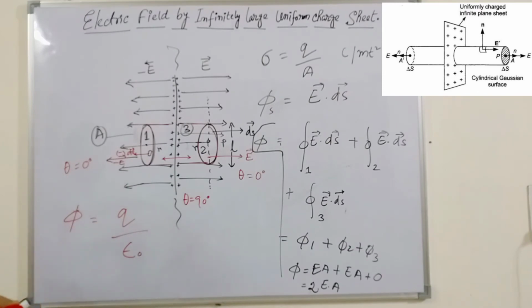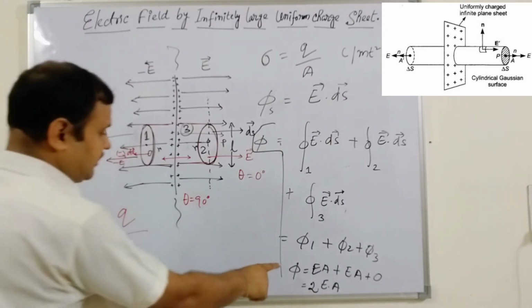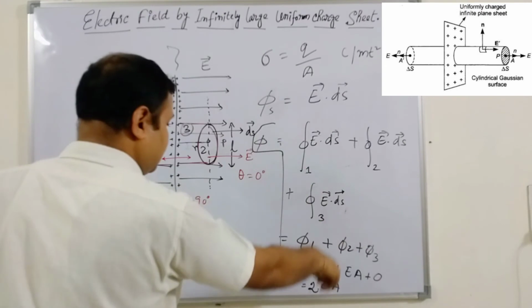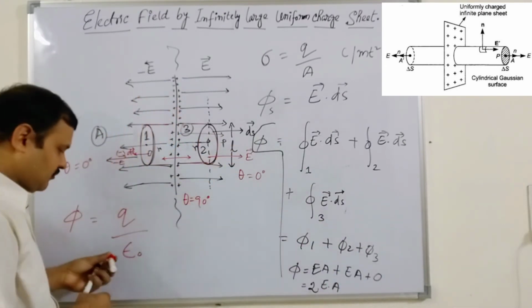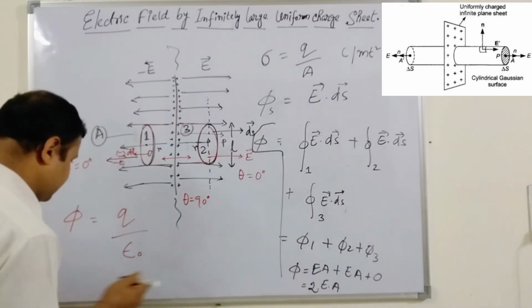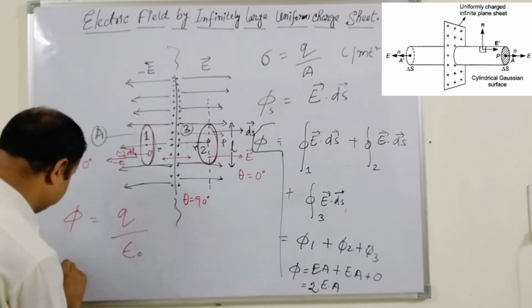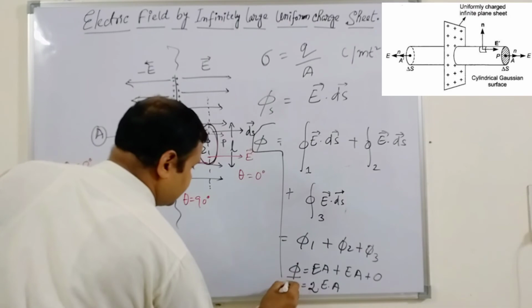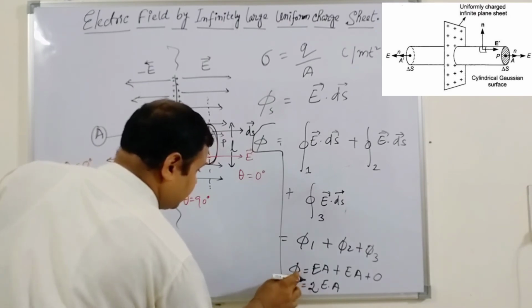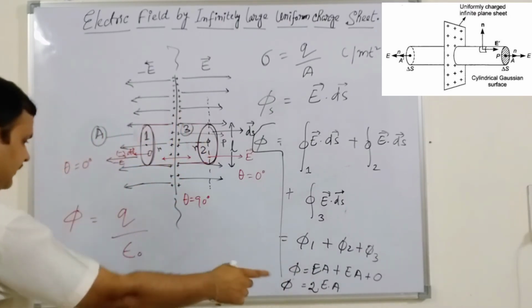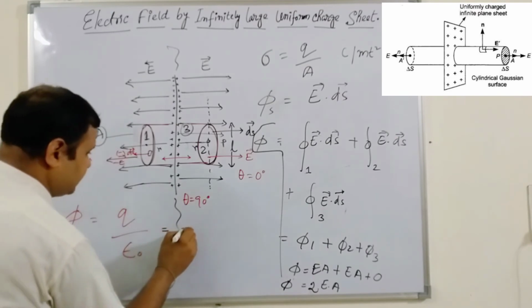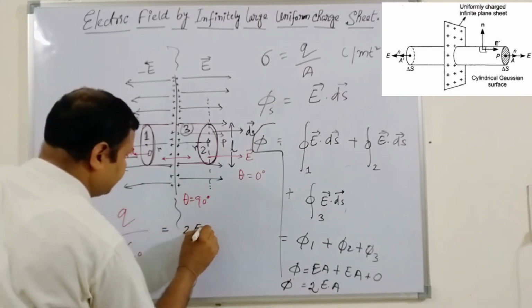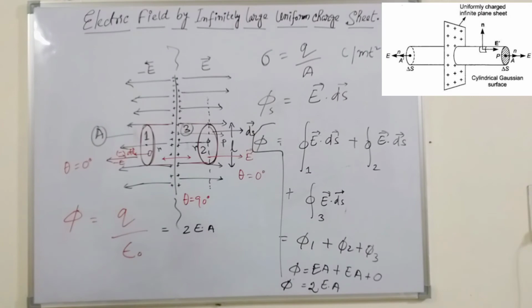So Q by epsilon naught. And now you have to equate these two equations, the net phi as we calculated and the Gaussian surface formula. So 2EA.